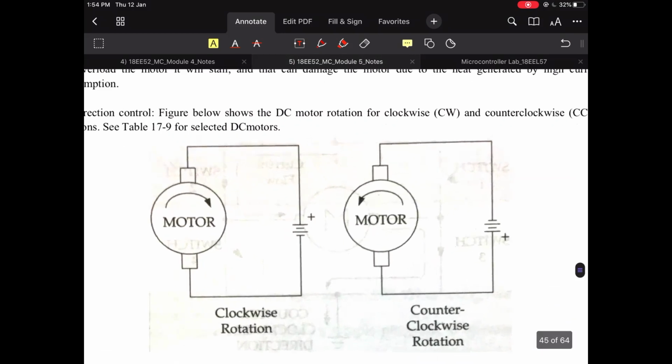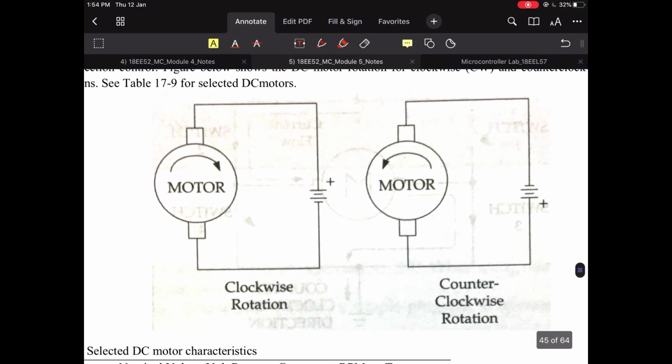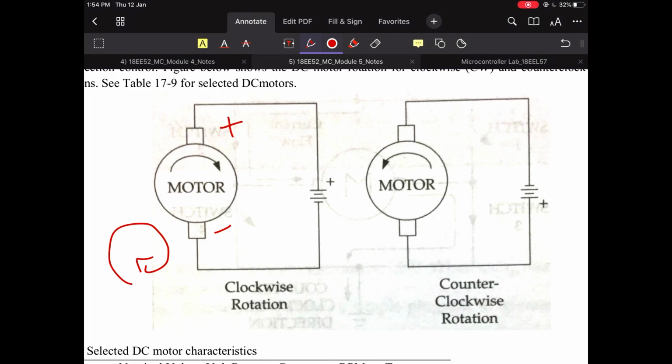Please see, I am talking about the direction control of a DC motor. As I have already told you, when a DC motor is connected to positive and negative of the supply like this, the motor rotates in the clockwise direction.